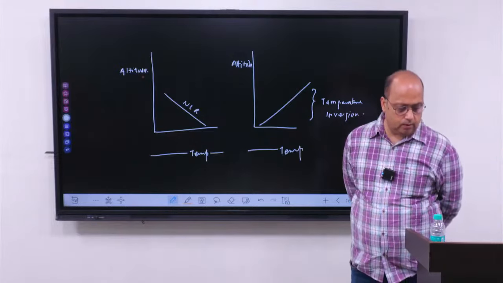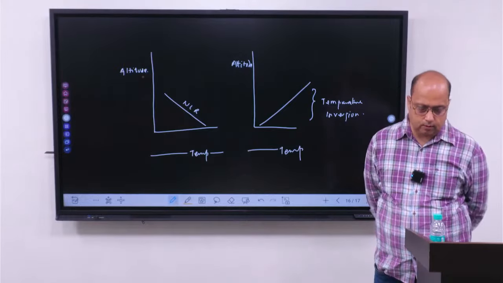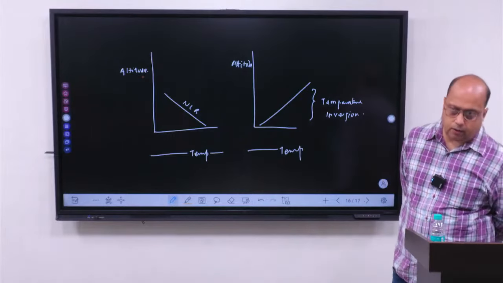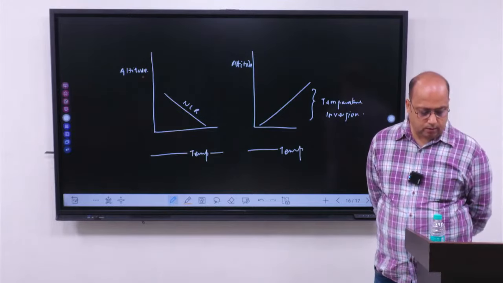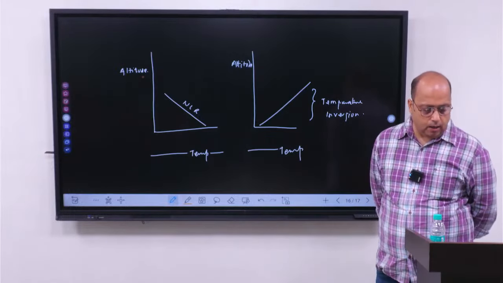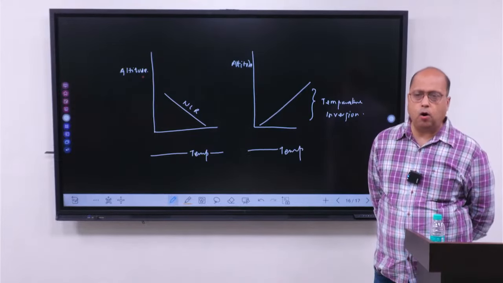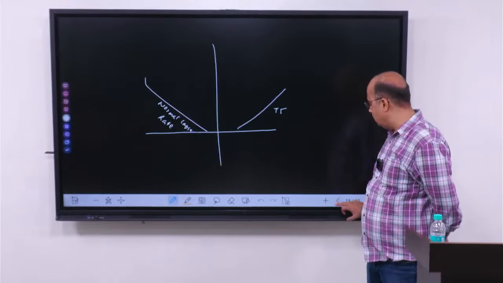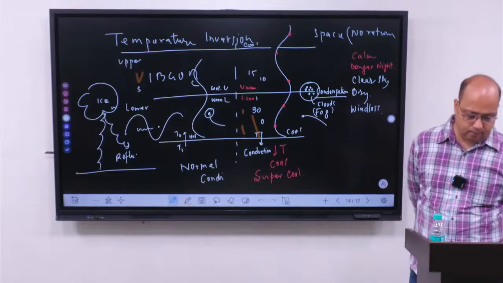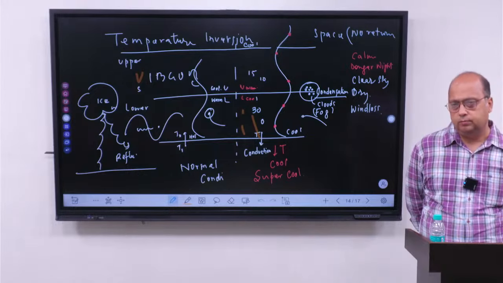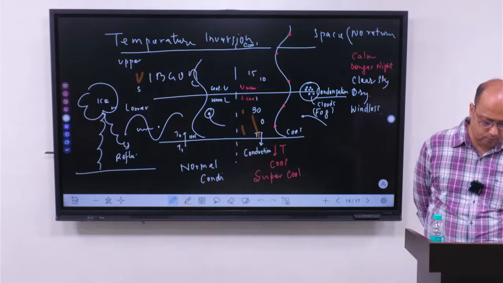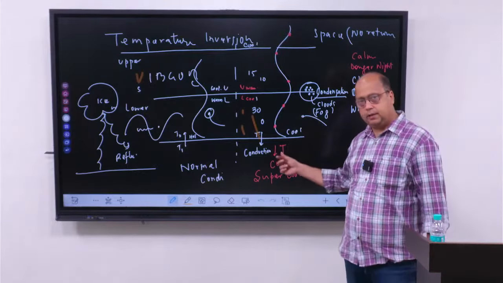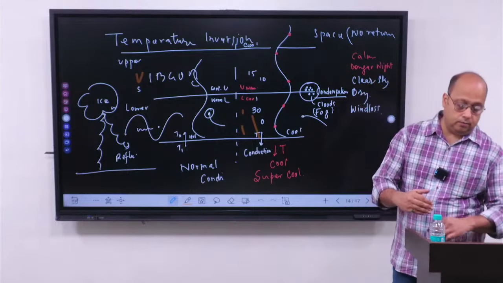Since air is a poor conductor of heat, air in contact with surface becomes colder and air above it remains warm. Full stop, and dash, cause of temperature inversion. Okay.